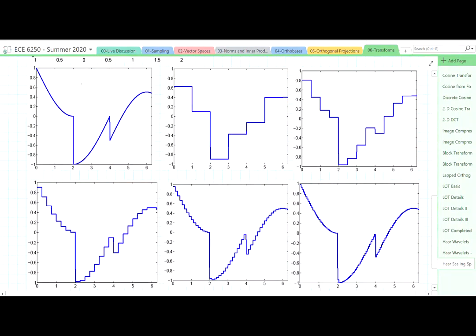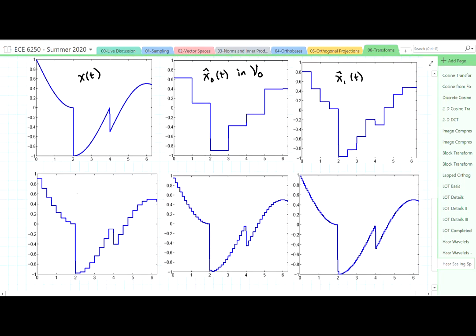So if we started with an x of t looking like this really strange waveform, then what we get in V0 is a very coarse approximation to this. And x hat 1 of t exists in V1. X hat 2 of t is starting to look a little bit better.